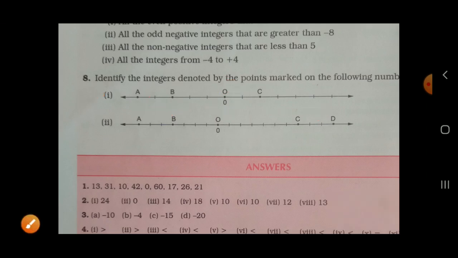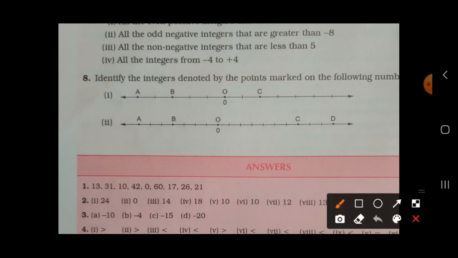Come to A. Start from the origin: 1, 2, this is minus 1, minus 2, minus 3, minus 4, minus 5.